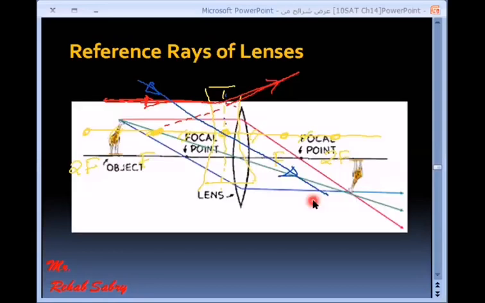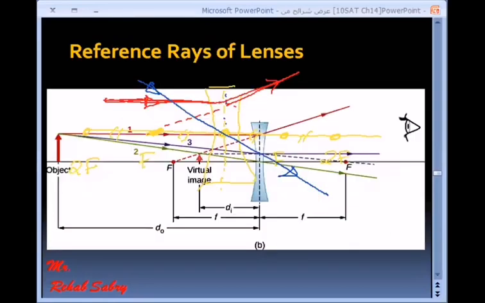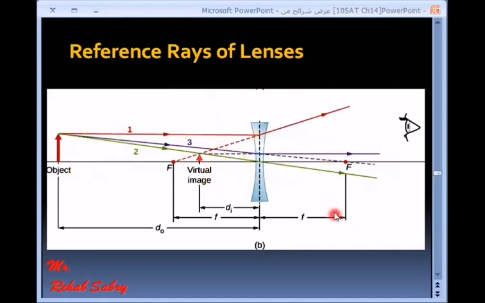Let's see these cases. The third case, if the incident ray is falling such that its extension is along the focus, it will go parallel to the principal axis.